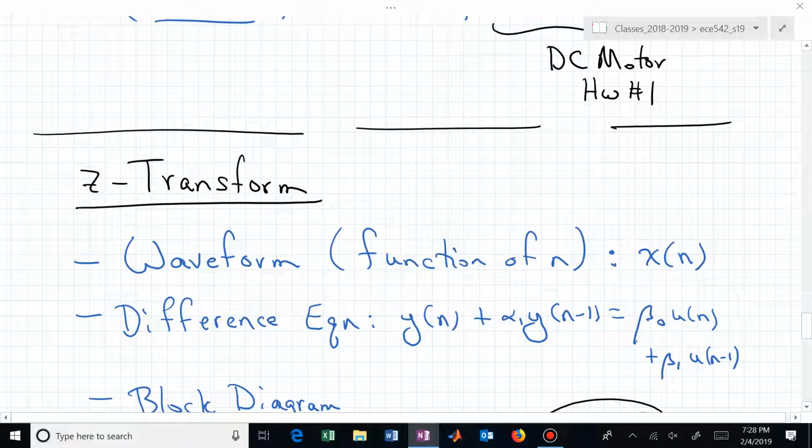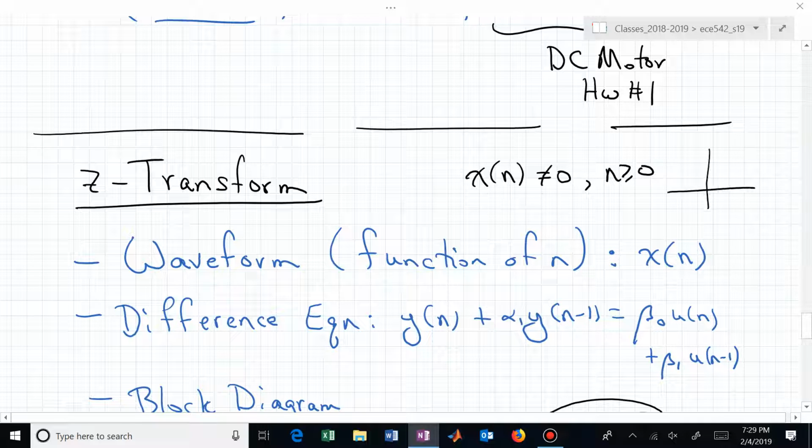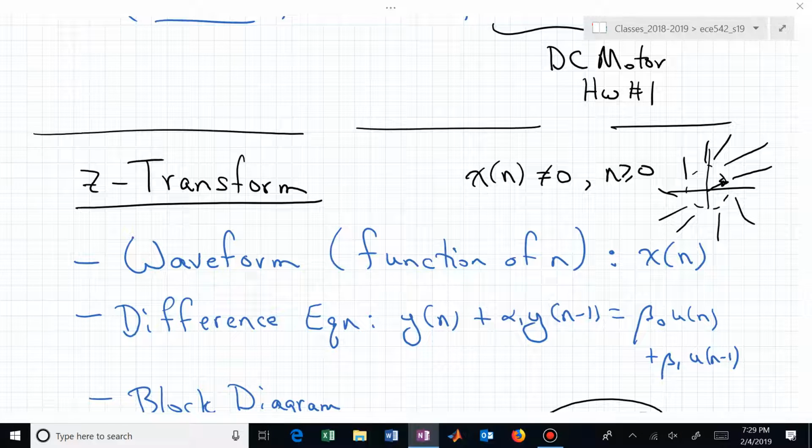And then we'll have different regions of convergence. But here, if x of n is defined for n greater than or equal to 0, then your region of convergence is going to be outside some radius influenced by the largest diameter pole associated with capital X of Z.